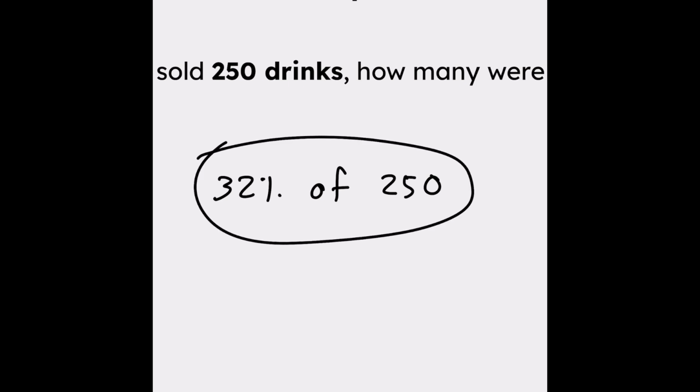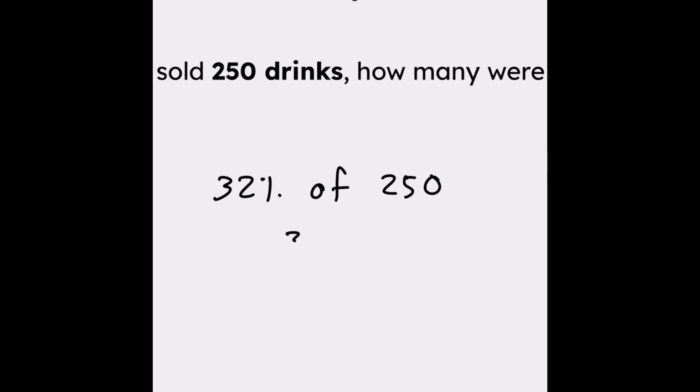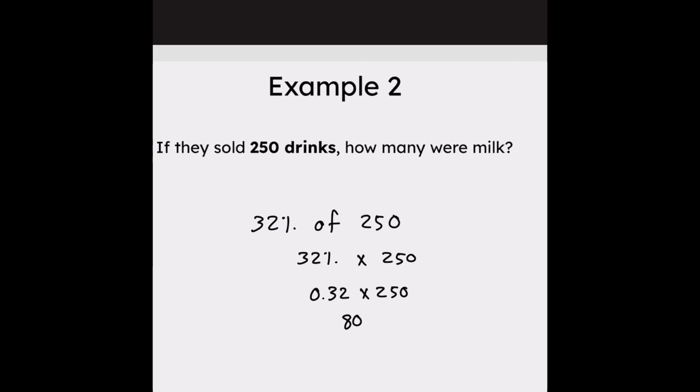So when you see 32% of 250, that's like saying 32% times 250. If you convert 32% to a decimal, that's 0.32 times 250. So if you plug that into the calculator, that's going to be 80. So 80 drinks were milk.